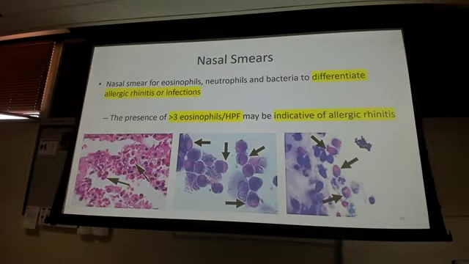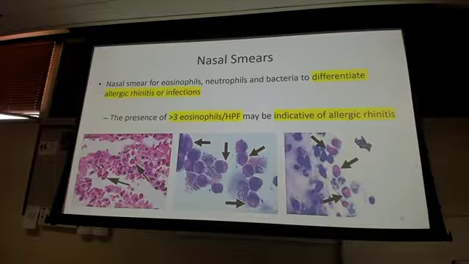This is another great slide that I love so much as well. So nasal smear, you will do that. I have seen PAs collect nasal smears, and a lot of times that's for those who have a lot of allergic reactions. You will see a lot of eosinophils show up in the nasal smear. Now granted, if you were to collect this at the bedside and look at it under a microscope, it will not look like this.